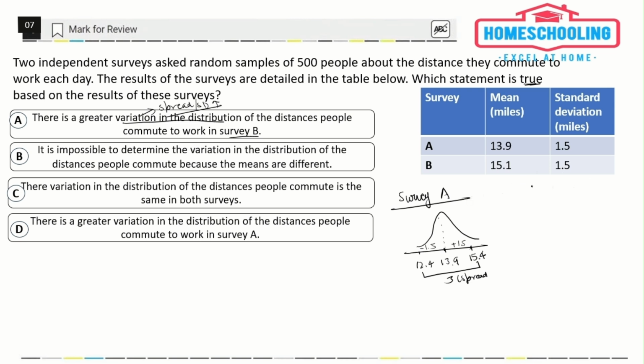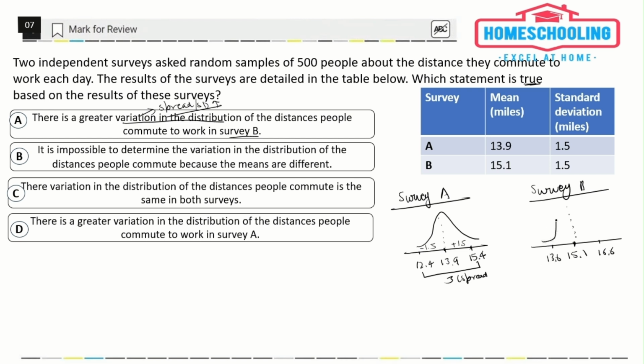Now we'll do the same thing for survey B. The mean is at 15.1, and it also has a standard deviation of 1.5 miles. So 15.1 plus 1.5 is going to be 16.6, and 15.1 minus 1.5 is going to be 13.6.